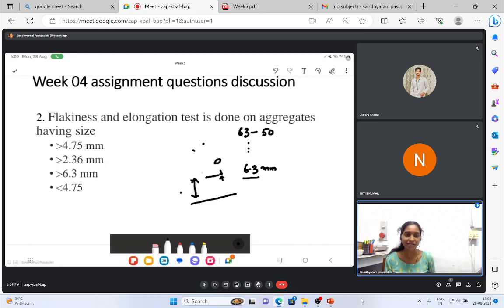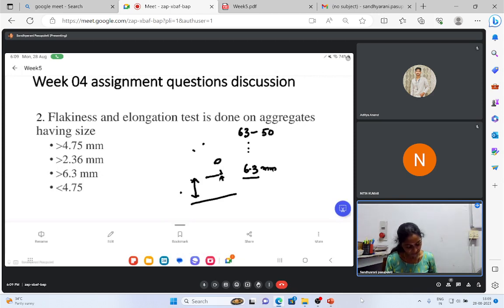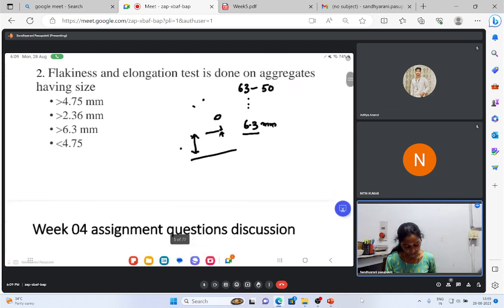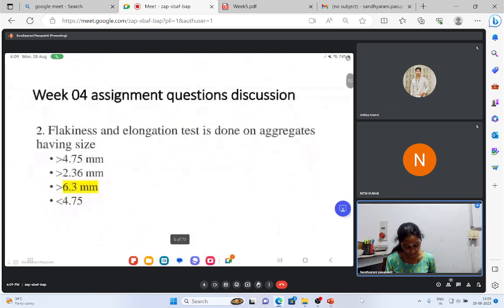It is the surface characteristics of fine aggregates that affect performance. But for coarse aggregate, shape, length and thickness affect performance. Thereby, we are only worried about sizes greater than 6.3 mm.